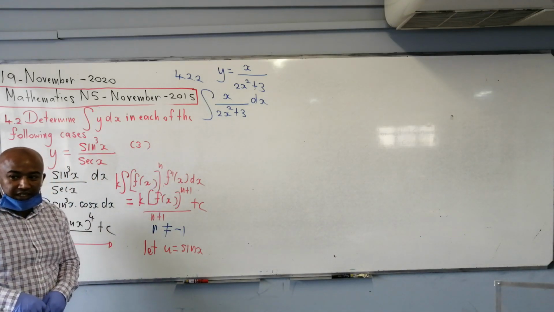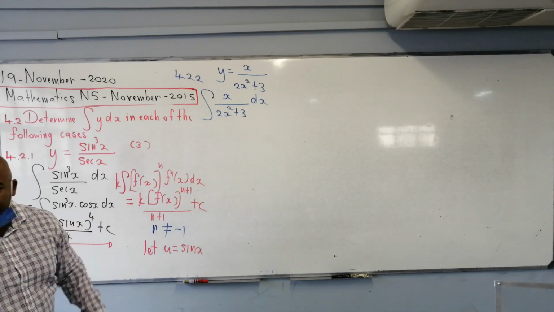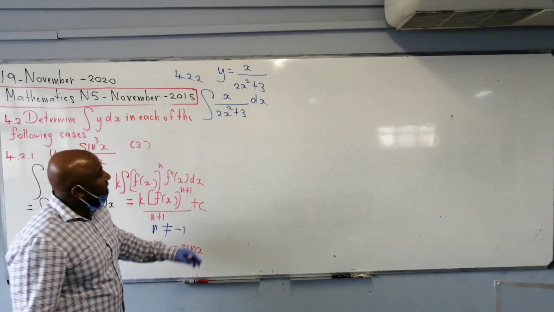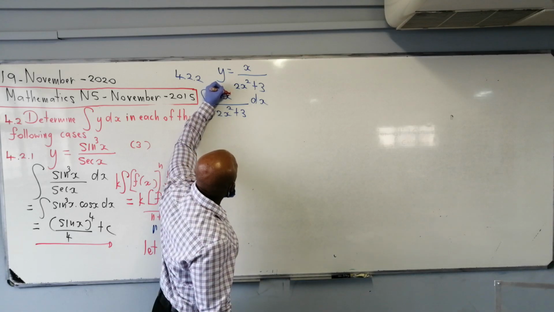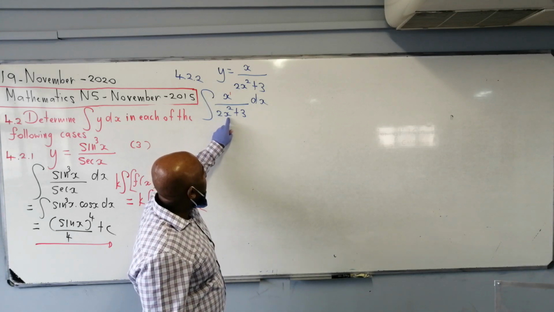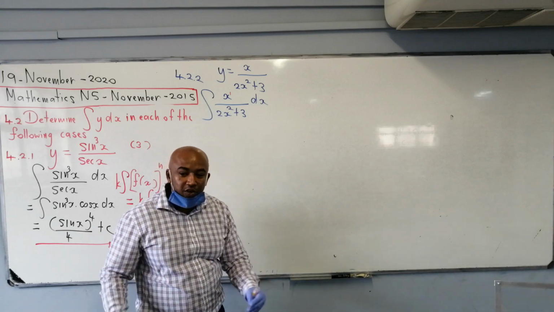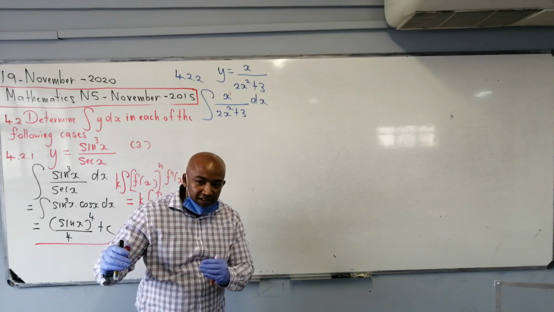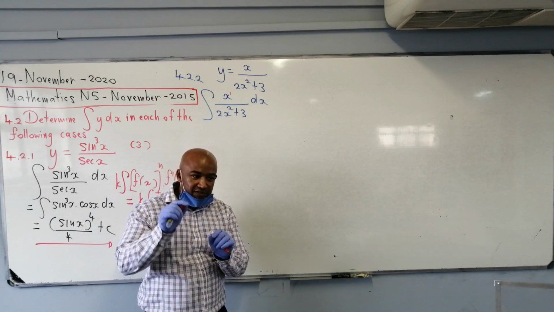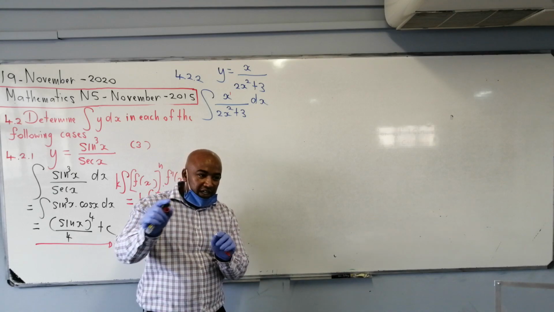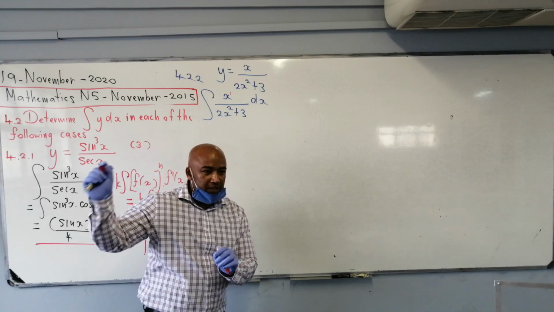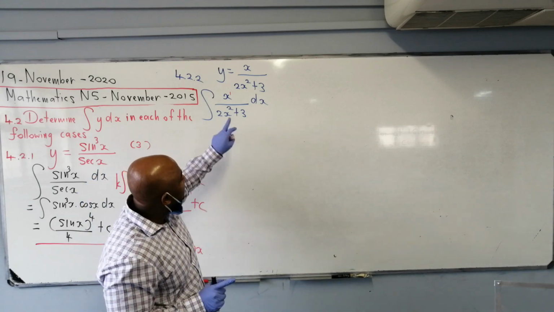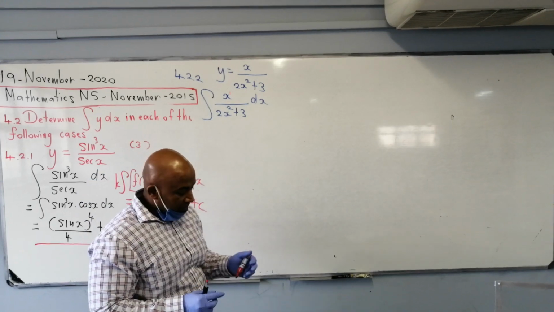What do I notice? I notice that this is a fraction, and the numerator has the power 1 there. The denominator has x squared, which means the numerator is a derivative of the denominator, because the derivative of x squared, forget about the constants, is going to be x to the power 1. Obviously, it's going to be 2x to the power 1, but we are focusing on the variable.